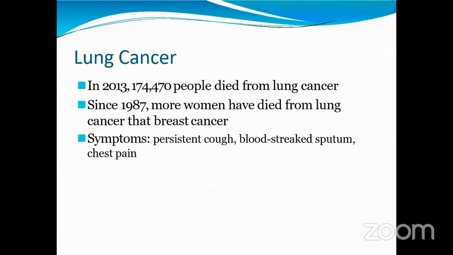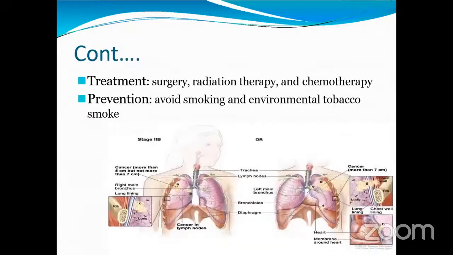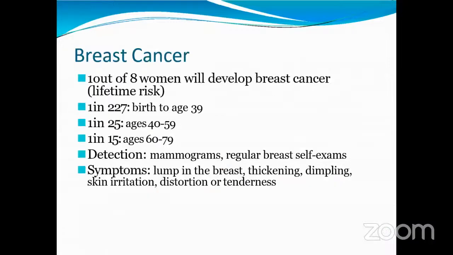The symptoms are persistent cough, then blood may appear in sputum, and chest pain. The treatment can be surgery if it is localized, or radiation therapy and chemotherapy. The most common causes are smoking and tobacco chewing. So if we avoid smoking and environmental tobacco smoke, we can prevent lung cancers.